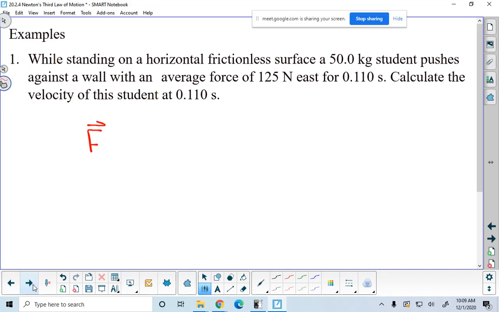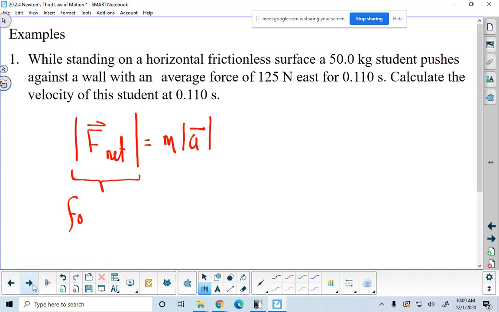F net equals ma to this situation, in order to find the speed of the student or the velocity of the student, you need the acceleration of the student, which means this is the force on the student.